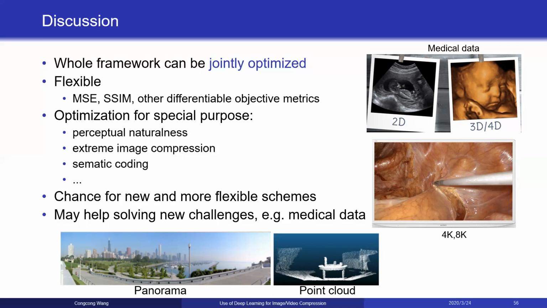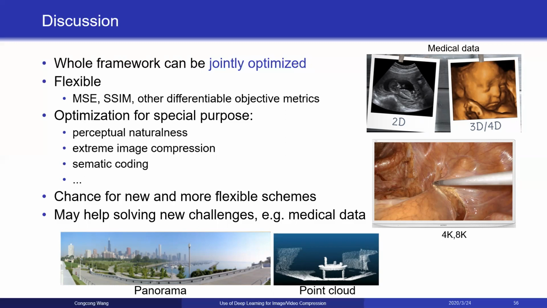There are already some interesting special applications proposed. Deep learning compression methods bring the chance to integrate it into other deep learning-based techniques. And also the traditional framework is more and more complex. More blocks are integrated into the new standards. Deep learning also brings a chance for new frameworks.